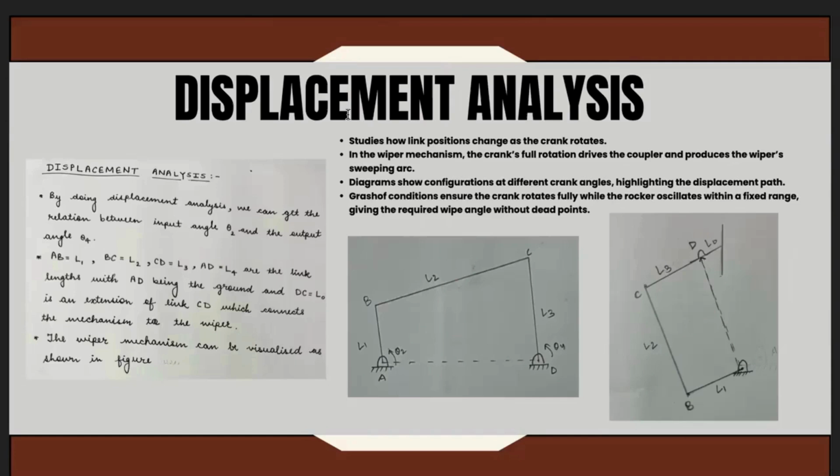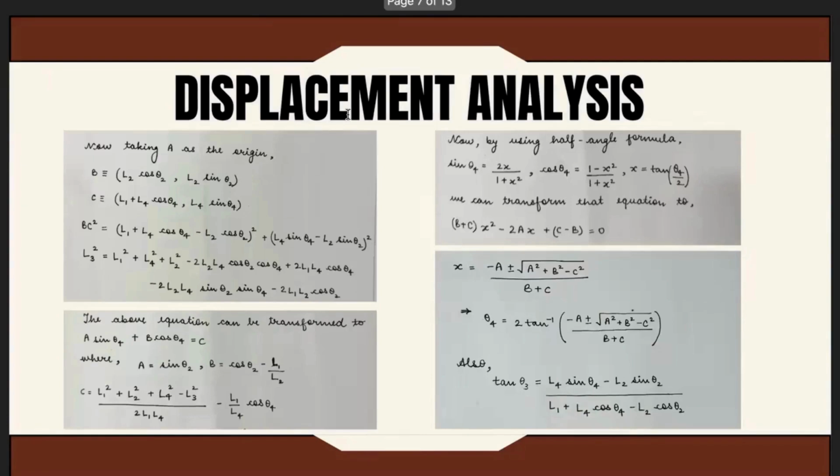Now as we have these equations, we can obtain the length L3 with respect to theta 4 using the trigonometric equations and half angle relations as shown in the above slide. We can find the values of theta 4 and the coordinates of all other points that are used in the mechanism.